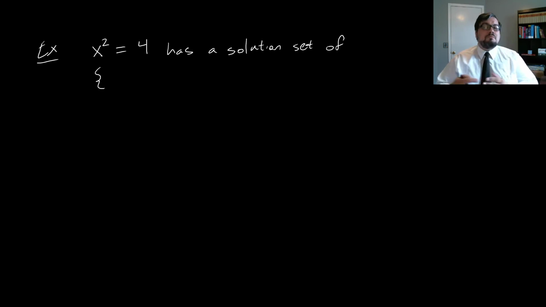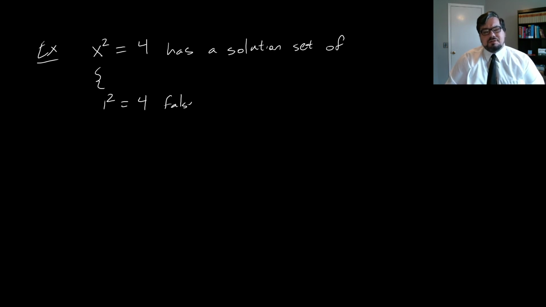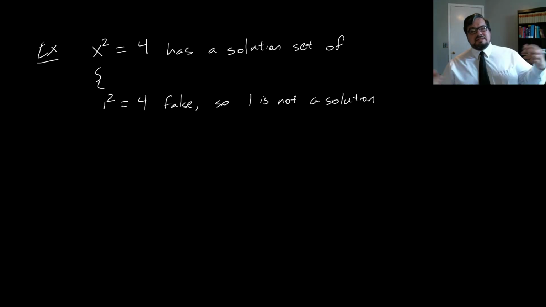Now, of course, if we put most numbers into this equation, we're going to get something that's false. If we plug 1 in to this equation and get 1 squared equals 4, this is false. So 1 is not a solution. Similarly, if we try plugging 0 in or 10 in or 1.5 in or something, then we get a false statement, and so those numbers are not solutions to the equation.